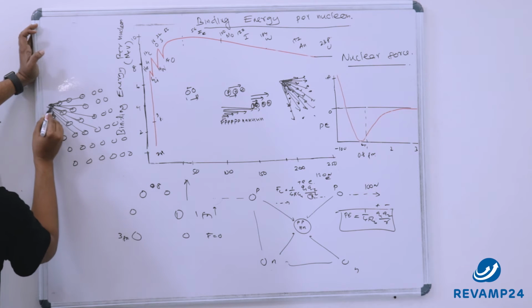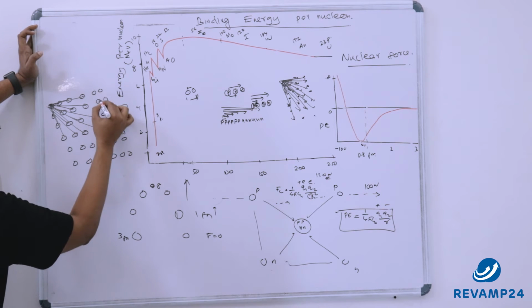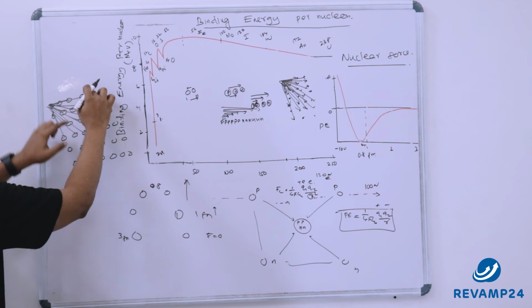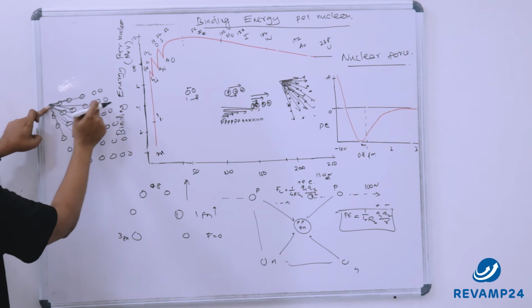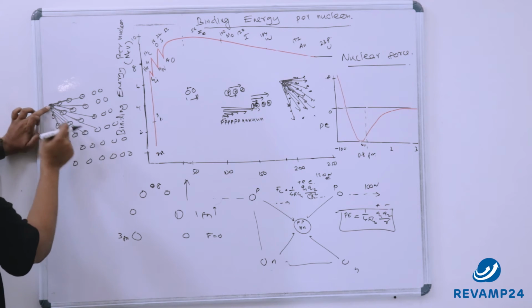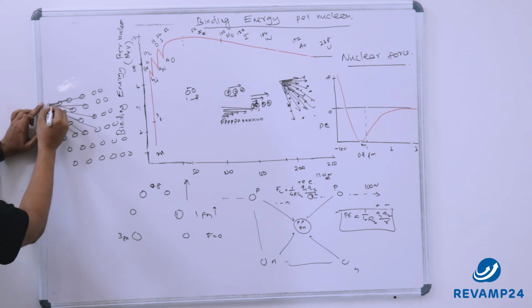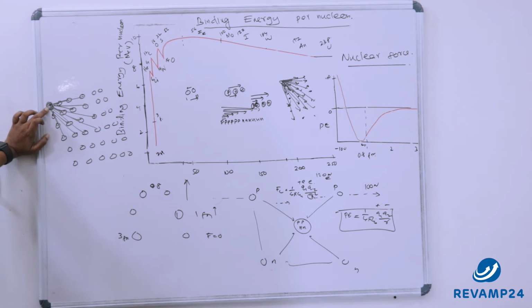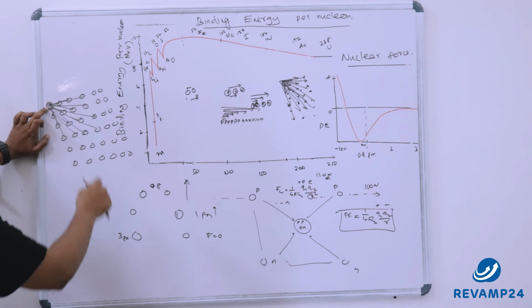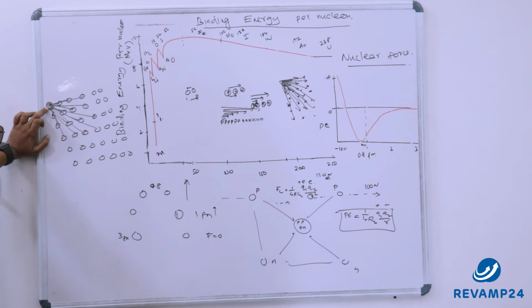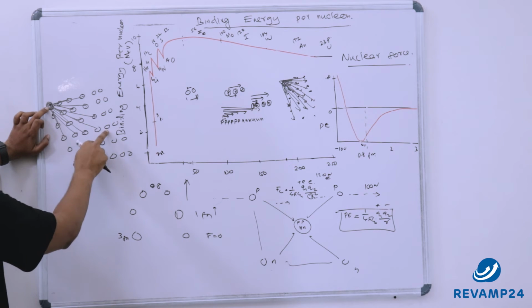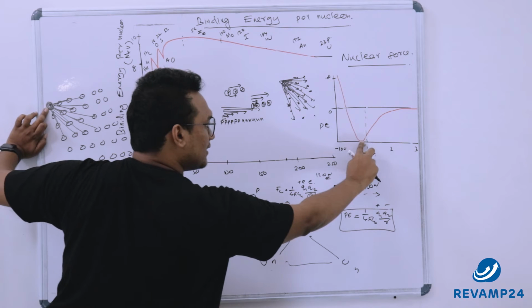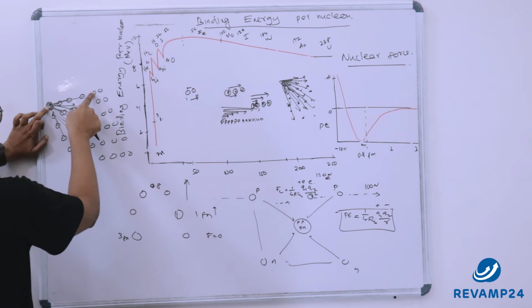But now when I compare, these nucleons are at a larger distance away from this particular nucleon. I am only going to consider the total force on this nucleon. It can be a proton, it can be a neutron. On this proton and neutron, all other nearby protons and neutrons are exerting force, but when we go away from it, the distance between them has increased.